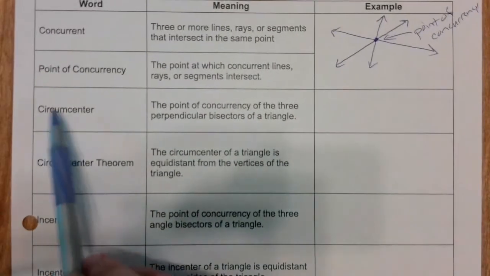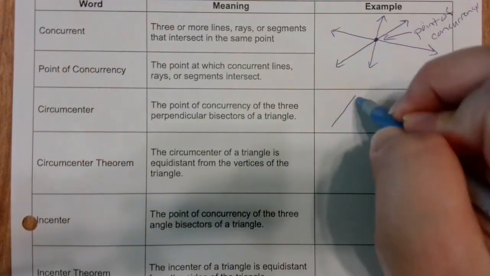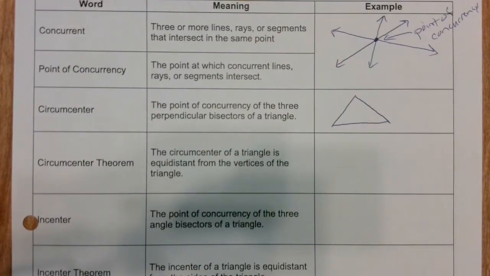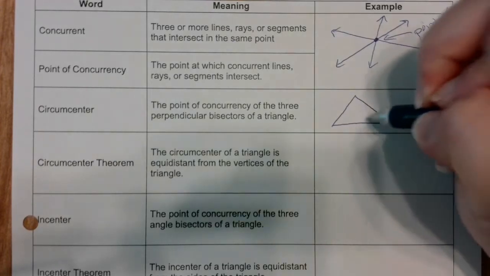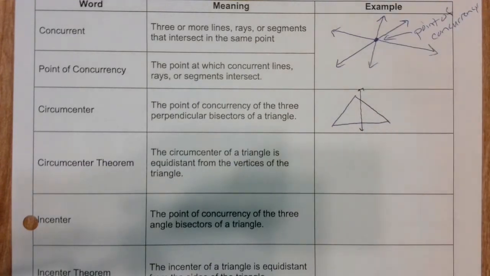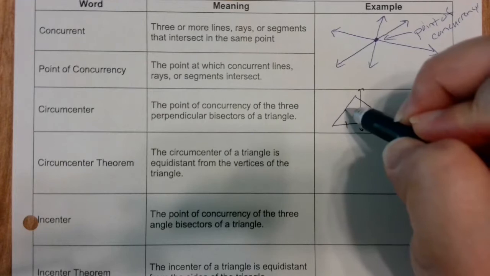So the next vocab word, circumcenter. If you have a triangle like this, and you draw or create or see the 3 perpendicular bisectors. So roughly drawing here, here's a perpendicular bisector, and we would know because it would be perpendicular and go through the middle. The next perpendicular bisector might look something like this.